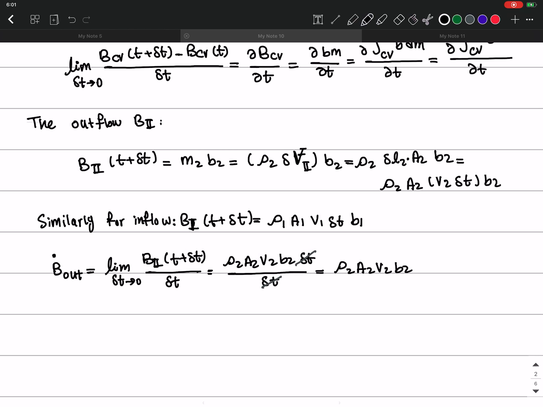Okay? And similarly, the amount of B that is coming in, or inflow, is going to be rho 1 A1 V1 B1. Okay?